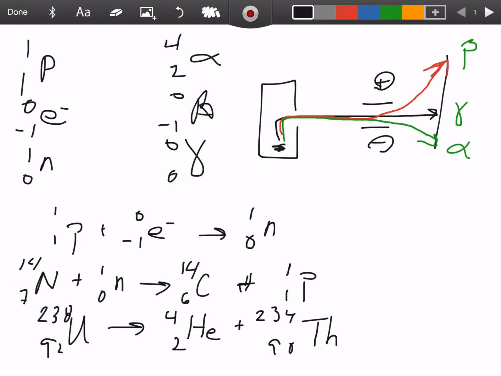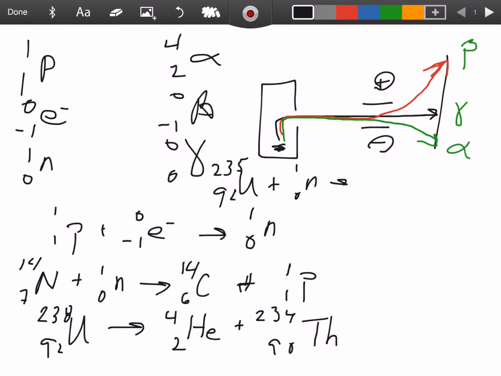The other reaction that I was just about to do was uranium-238, I'm sorry, uranium-235. Let me try that again. Uranium-235. And again, uranium is 92 protons. And that can react with a neutron.